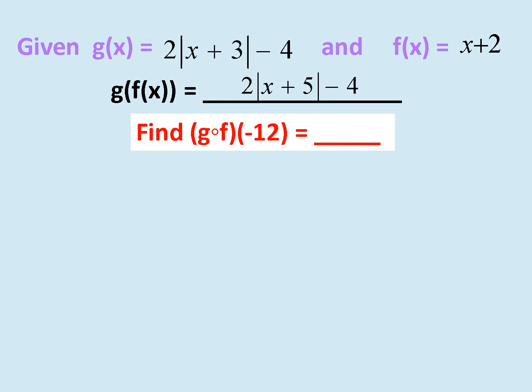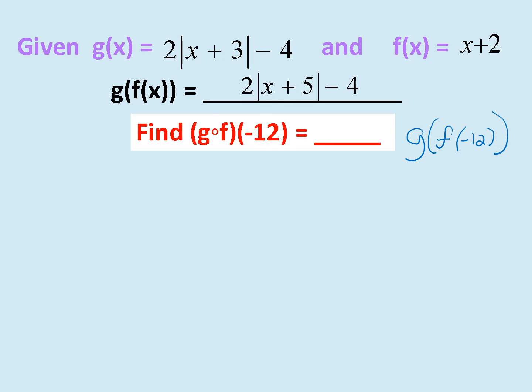Okay, now that we know the composition function g of f of x is equal to 2 times the absolute value of x plus 5 minus 4, what if I wanted to find g of f of negative 12? Well, if you remember, this notation is the same as g(f(-12)).